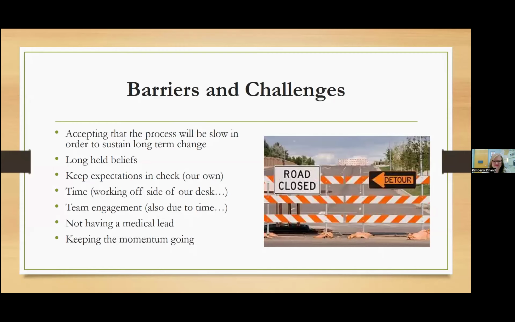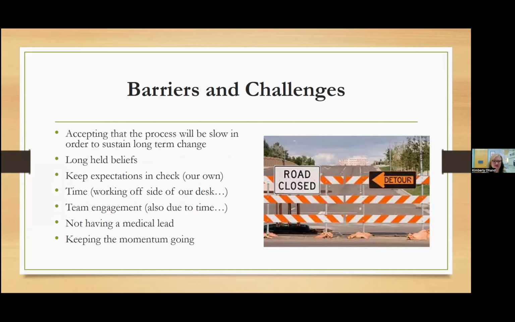It's important to accept that it's a slow process, and it needs to be maintained. Doing this work is challenging because of the limited time that we all have in healthcare. There's never quite enough resources or time to get everything done that we want, but it's important to try and fit that in.